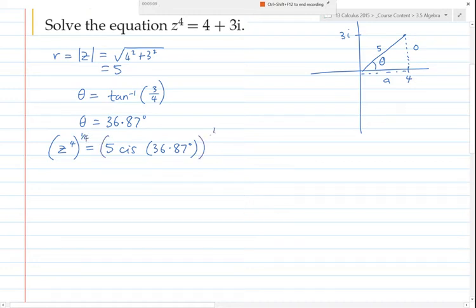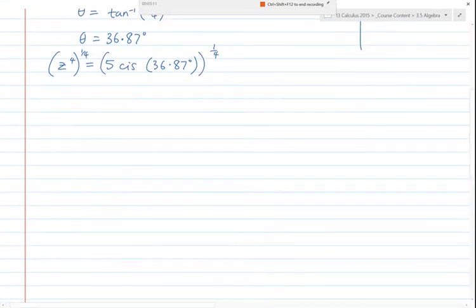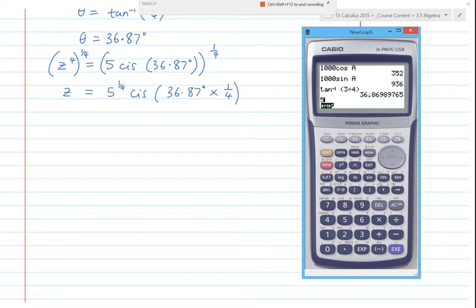So we'll take the quarter power on both sides, and so that leaves us with z, and we're going to take the quarter power of 5, and we're going to multiply our angle by 1 over 4 as well. Okay, so the quarter power of 5, I don't know that off the top of my head, so we'll find it. Gosh, that's smaller than I expected.